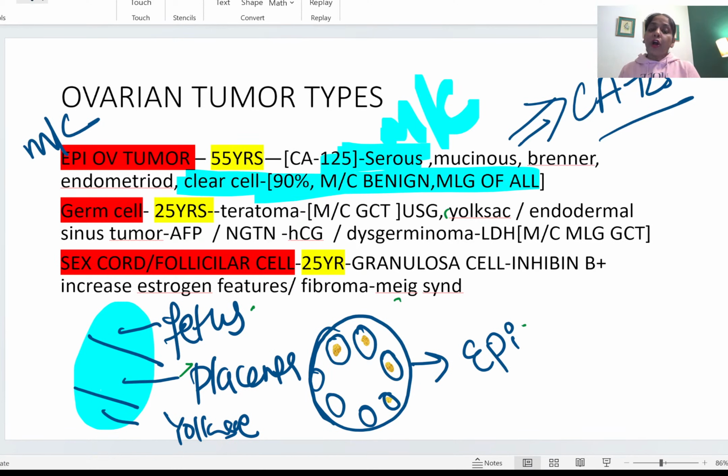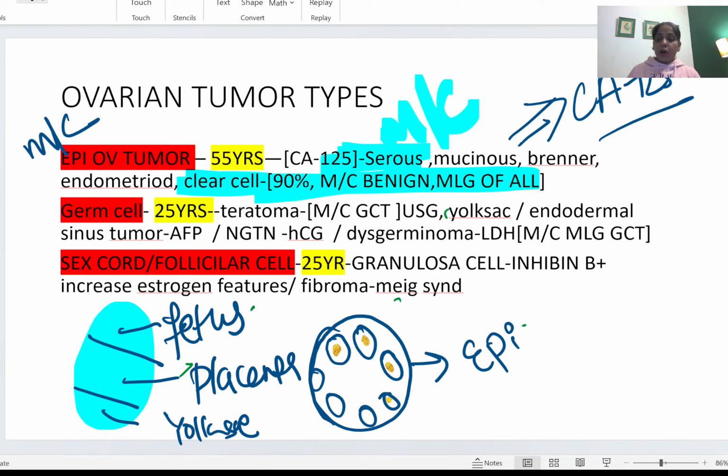Its benign form is also known as dermoid cyst. Already the question has come in the INI-SET November. Okay, INI-SET November questions were very basic. Please focus. The most common germ cell tumor is teratoma.